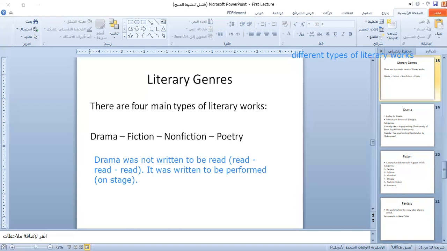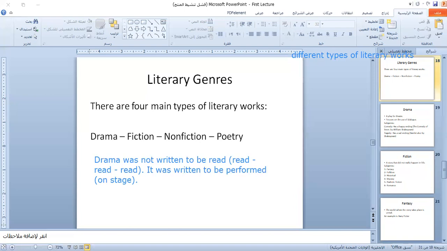Now, these school books are considered nonfiction, they're scientific. If I go and read the newspaper, it is nonfiction. If I read a magazine, the magazine is nonfiction.